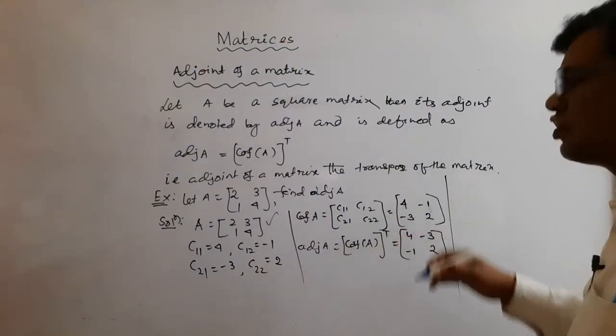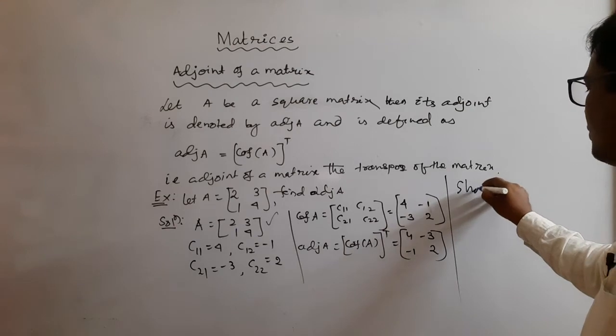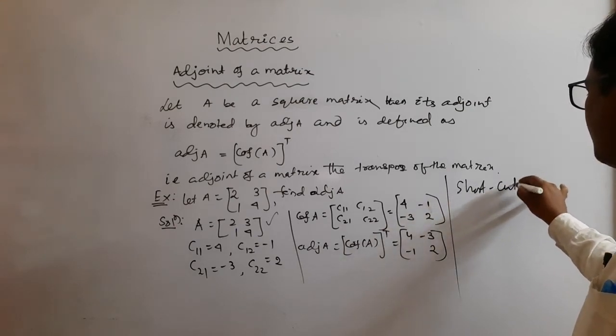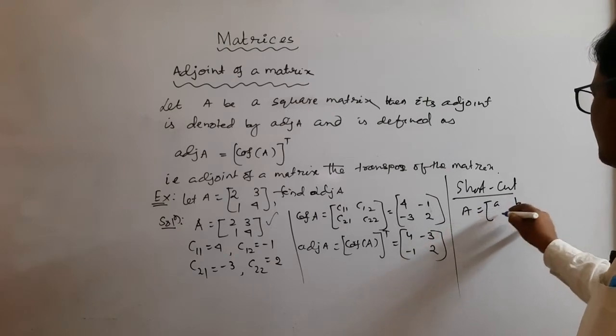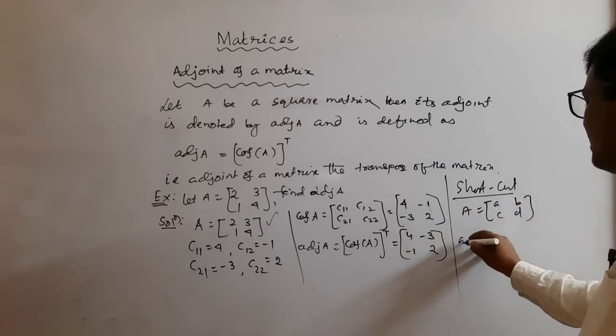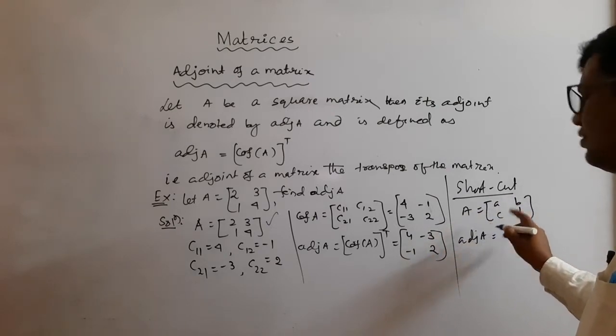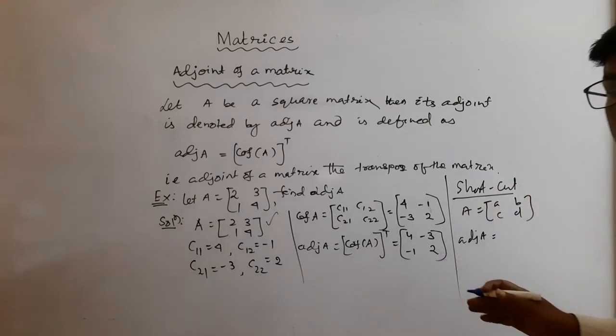Okay, shortcut. Suppose A is equal to a, b, c, d. Now adjoint A is equal to what? It is valid for order 2 only.